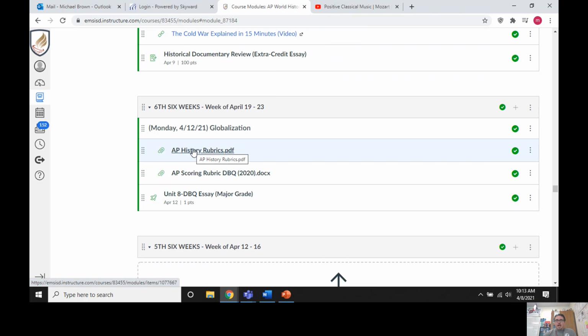There is the actual College Board AP History rubric that will explain what you need to be doing in your essay. There's also the scoring rubric that will show you how the points relate to your actual grade on it. Remember, you are using the documents as evidence to support whatever argument you are forming.